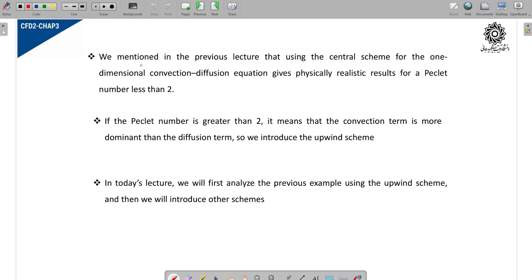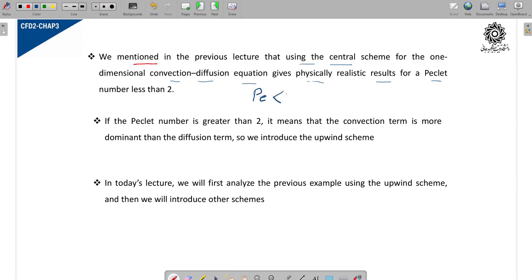We mentioned in the previous lecture that using the central scheme for the one-dimensional convection diffusion equation gives physically realistic results for a Peclet number less than 2.